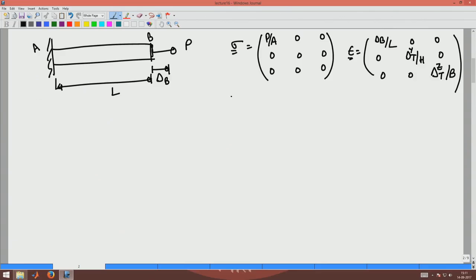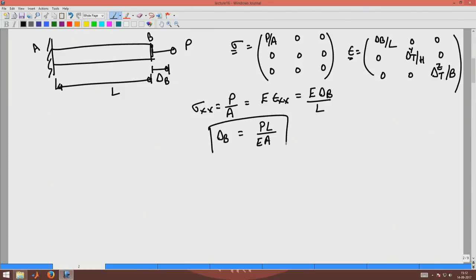To solve boundary value problems, what we are interested in is the relationship of the stress sigma xx to the strain epsilon xx, which was E times delta B by L. So, we want to relate delta B, and using this relation, delta B is P L by E A. This is a takeaway equation that we will be using to solve different boundary value problems involving axial members.